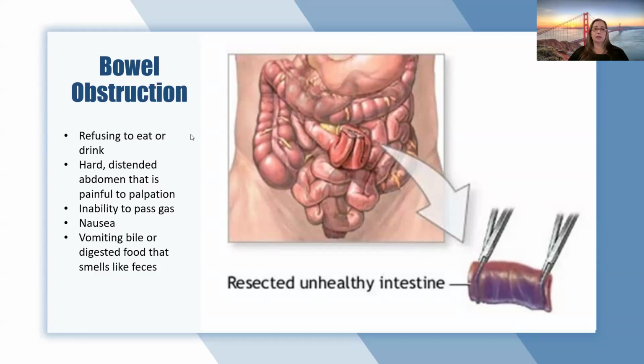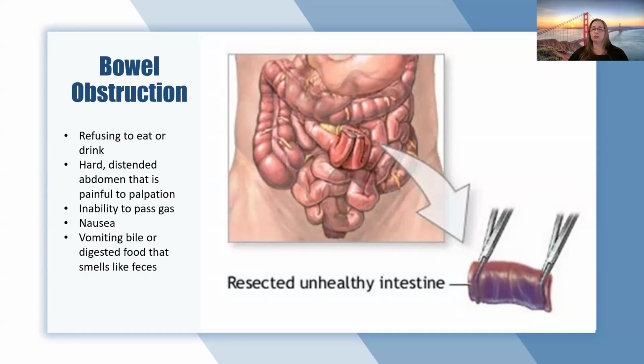The main things, again, very similar symptoms, right? We're not eating or drinking. We're nauseated. We're throwing up bile, which is a green liquid, or digested food that smells like poop. And at this point, we cannot pass gas. So the abdomen gets very distended. It's very hard.